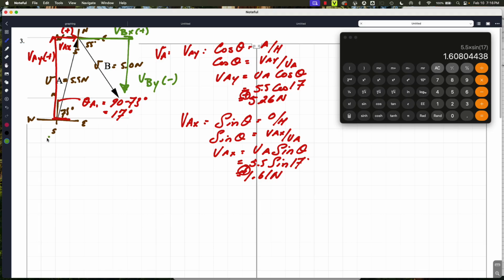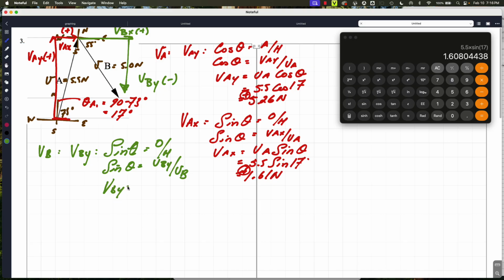Let's calculate that. So for vector B, we'll have VBY. To calculate VBY, we have this angle 55, that's opposite, so we're going to use the sine ratio. Sine theta equals opposite over hypotenuse. Sine theta equals opposite, which is VBY over VB.